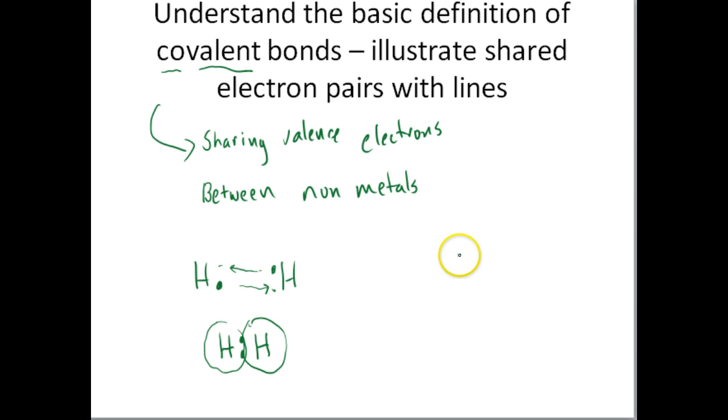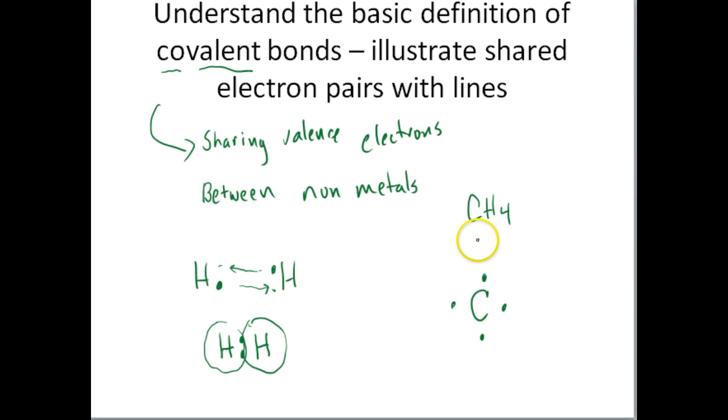Another situation is you have something like methane, CH4. Carbon has 4 valence electrons, and hydrogen has 1.